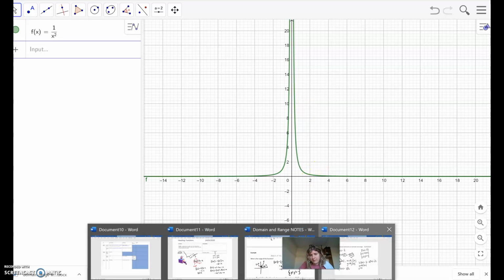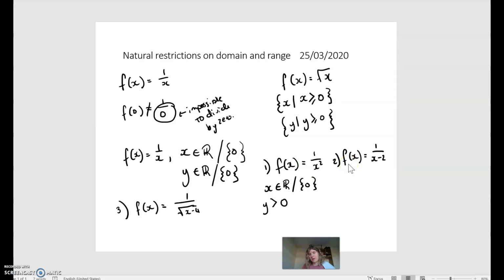The next one, f of x equals 1 over x minus 2. Now again, we know that x cannot be equal to 0, but because you're subtracting 2 from x, that's going to change what makes that denominator 0. Be careful, it's not just x that's 0, it's the whole bottom of that fraction. So we would say that x cannot be equal to 2 because 2 minus 2 is what's going to make that 0.